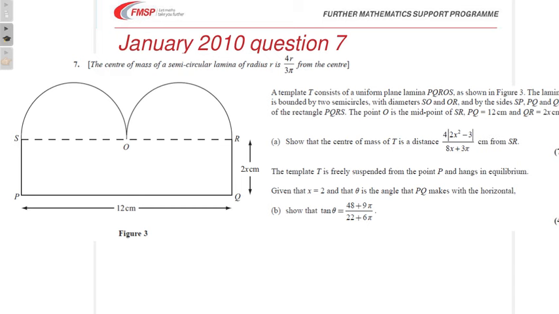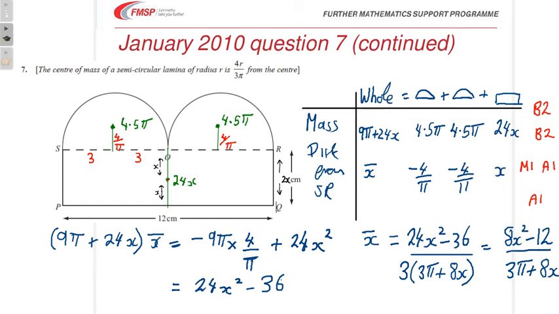In my answer, which has got an 8x squared minus 12 on top here, depending on the value of x, the 8x squared minus 12 could work out negative. This distance could work out negative, depending how big or how thin the rectangle is. So our value of x bar gives the distance, but with a plus or minus sign. So it would get us the marks.